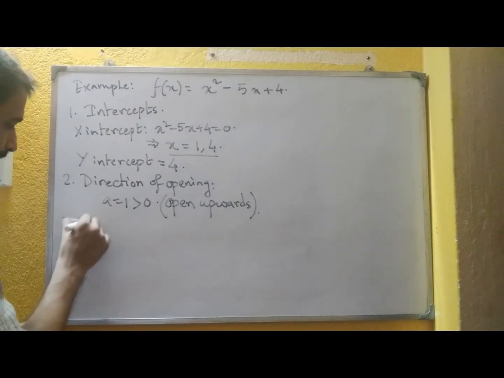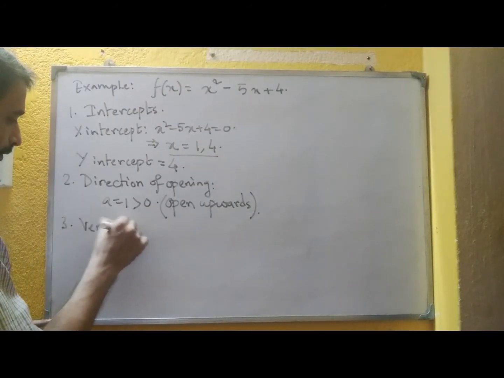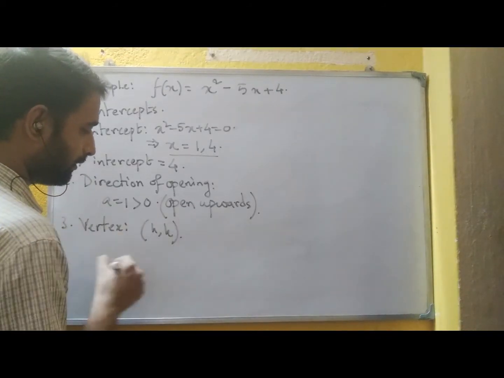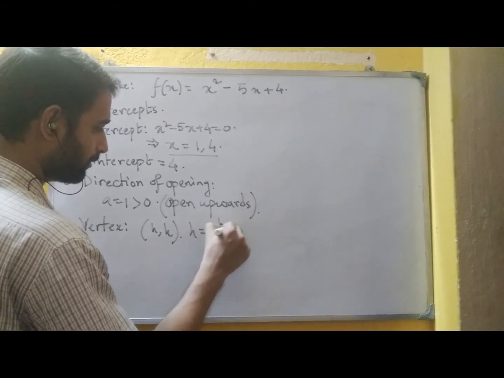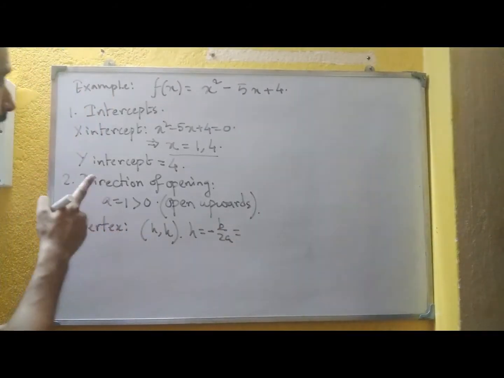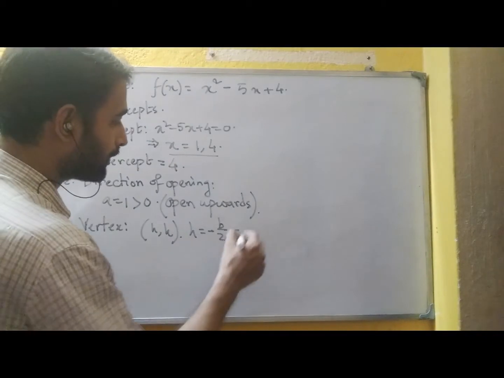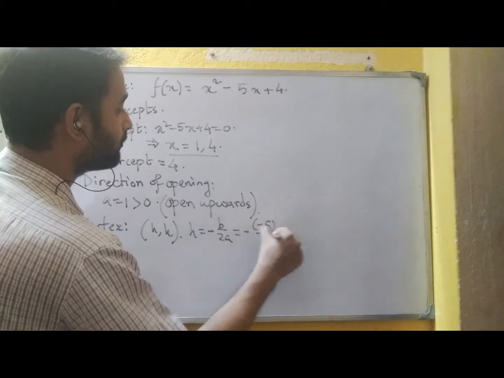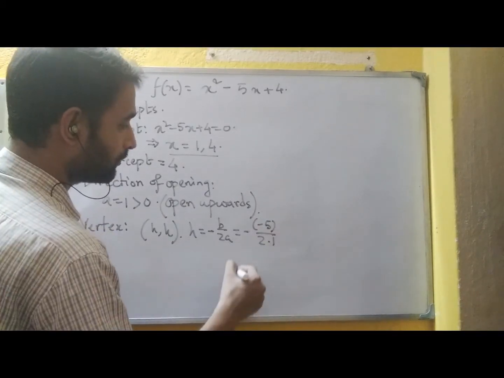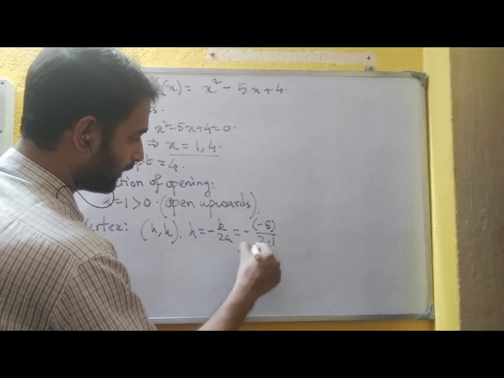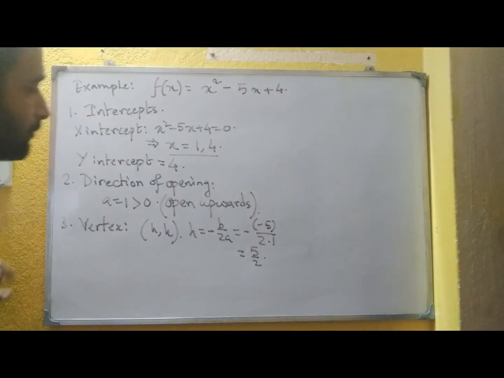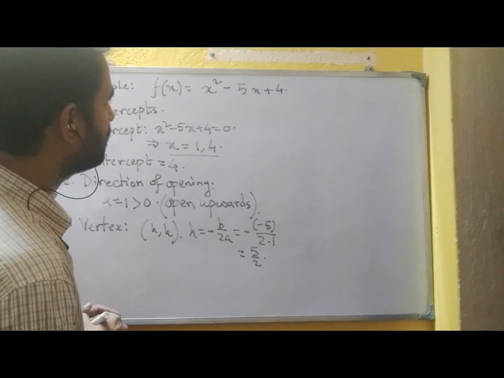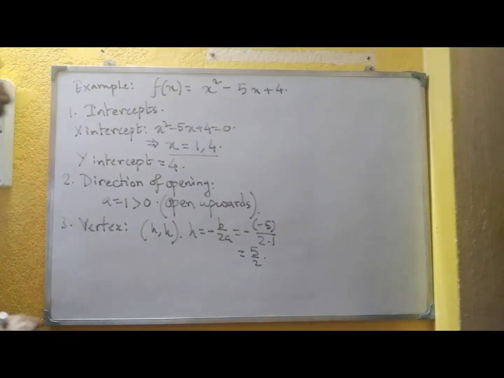So the third thing is the vertex. For this, we know that the vertex will be h comma k, where h is minus b by 2a. So from this equation, x square minus 5x plus 4, you can see the value of h is minus of minus 5 by 2 into 1. That means it is 5 by 2.